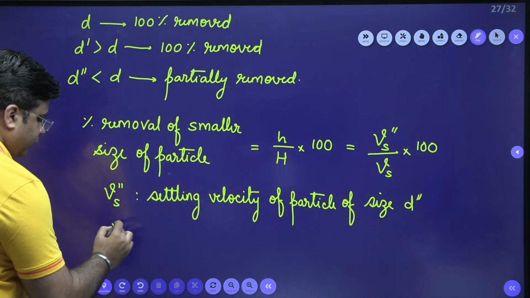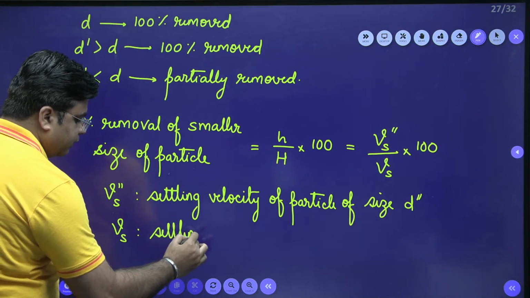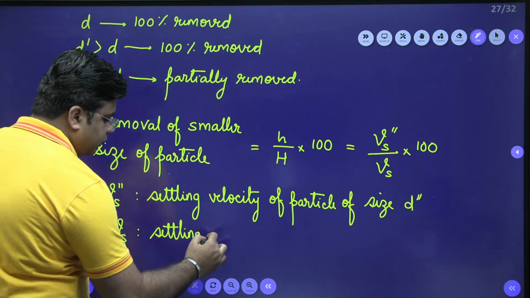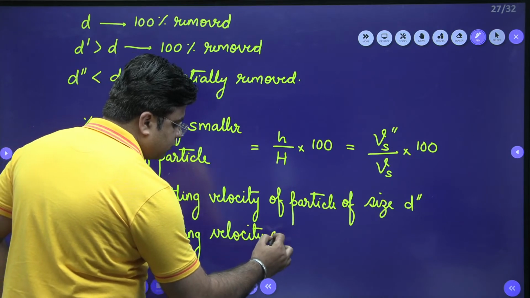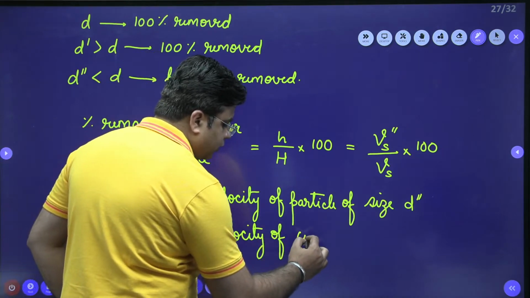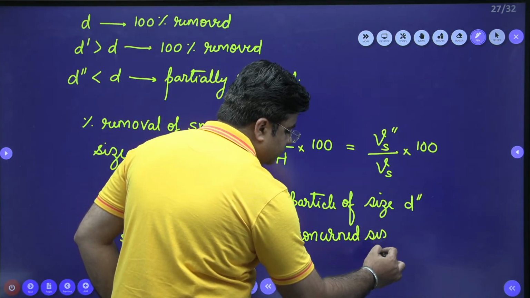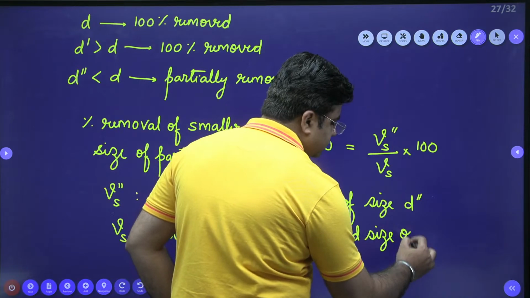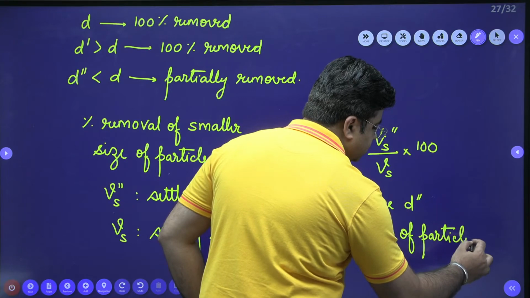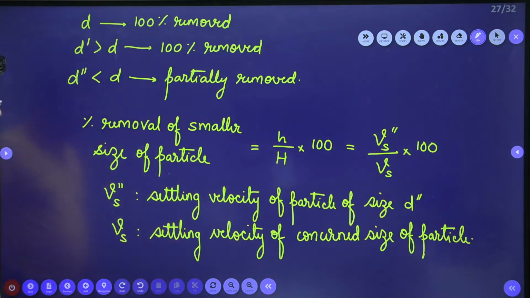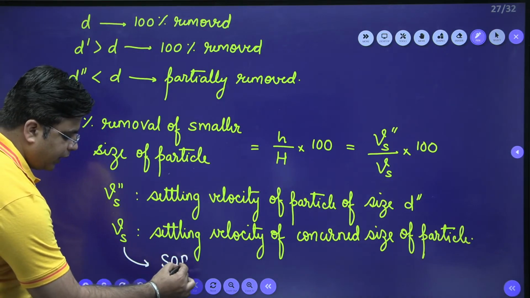On the other hand, Vs is the settling velocity of the concerned size of the particle, and this is also known as surface overflow rate.